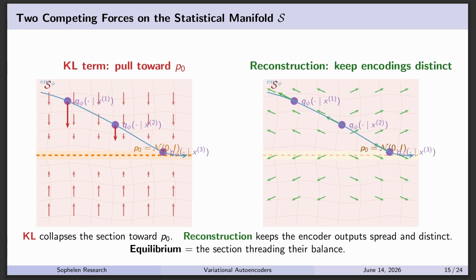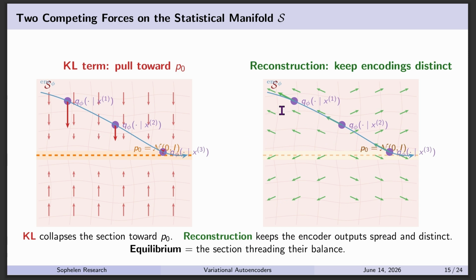Here is where we view the two forces as vector fields. There's a vector field given by the KL term, right? It tries to push the distribution of each data point toward the distinguished point here. Basically, we want this section to be as flat as possible, to the constant section.